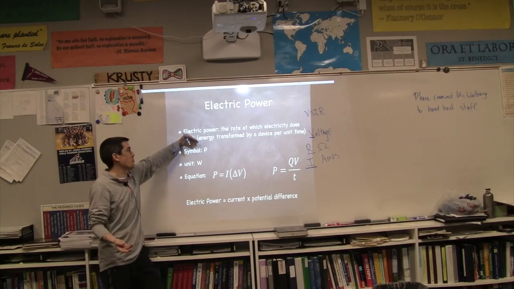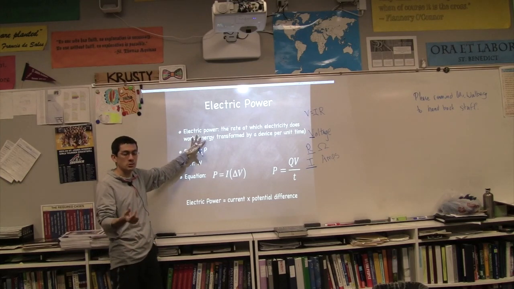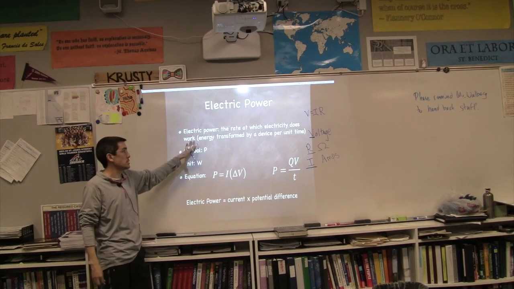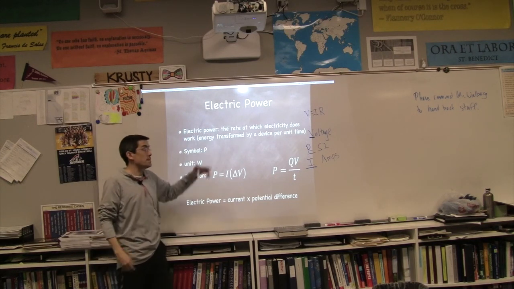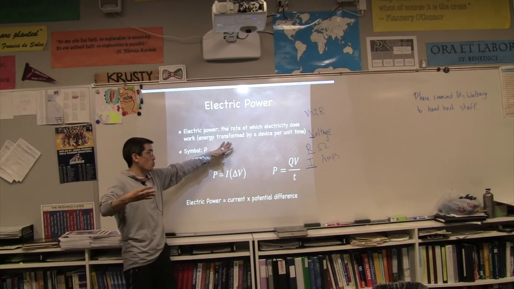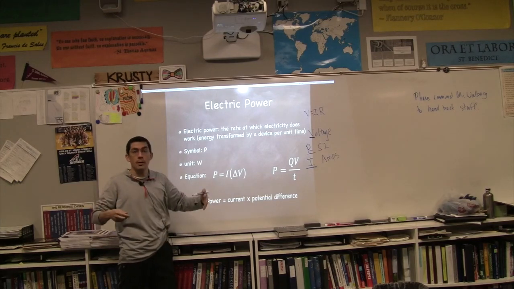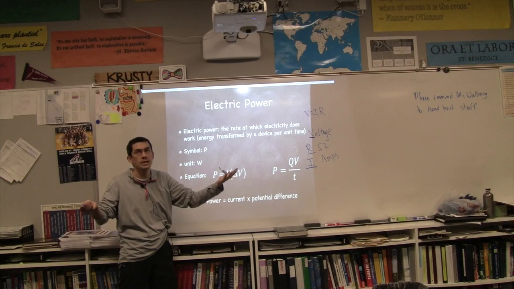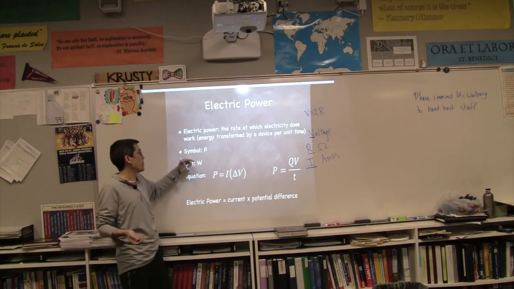It's not really any different here. Electrical power is just a more specific type of power: the rate at which electricity does work. It's the electrical energy we talked about before being transformed by some device per unit time into some other type of energy, usually some form of mechanical energy, per amount of time.